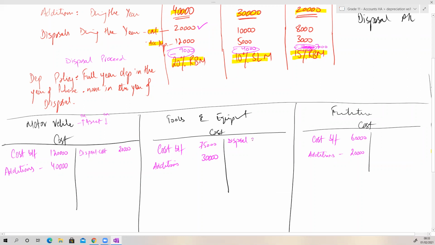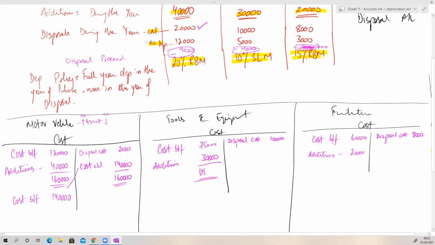Disposal cost is 10, and this disposal cost is how much? 8. तो उसके बाद cost carried down कितना बचा? 160 minus 20 is 140. Cost brought forward 140.